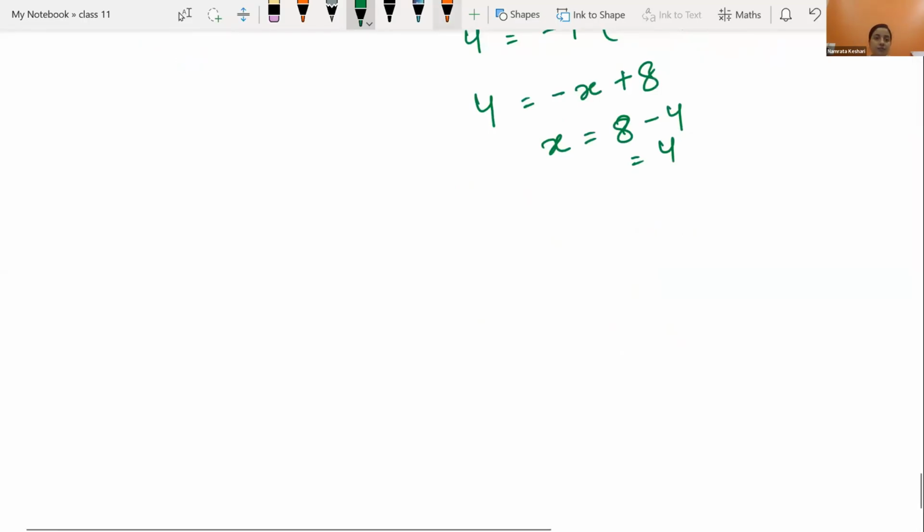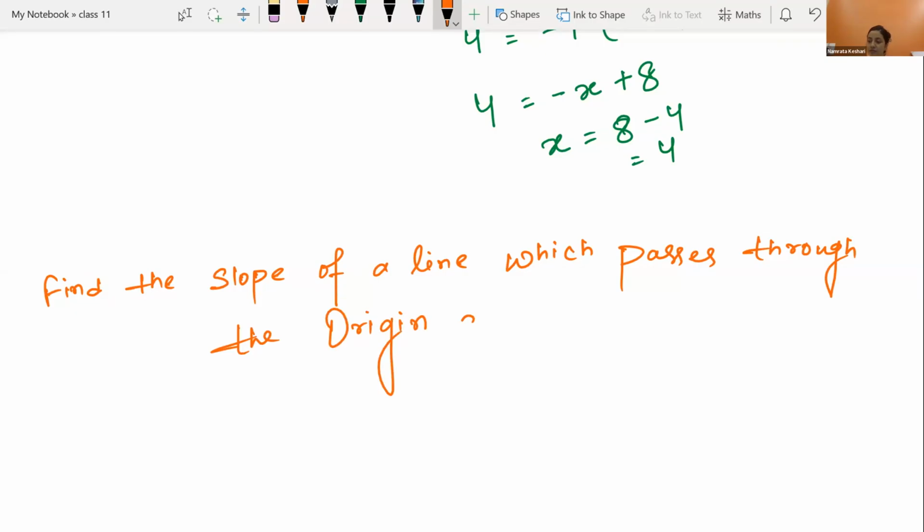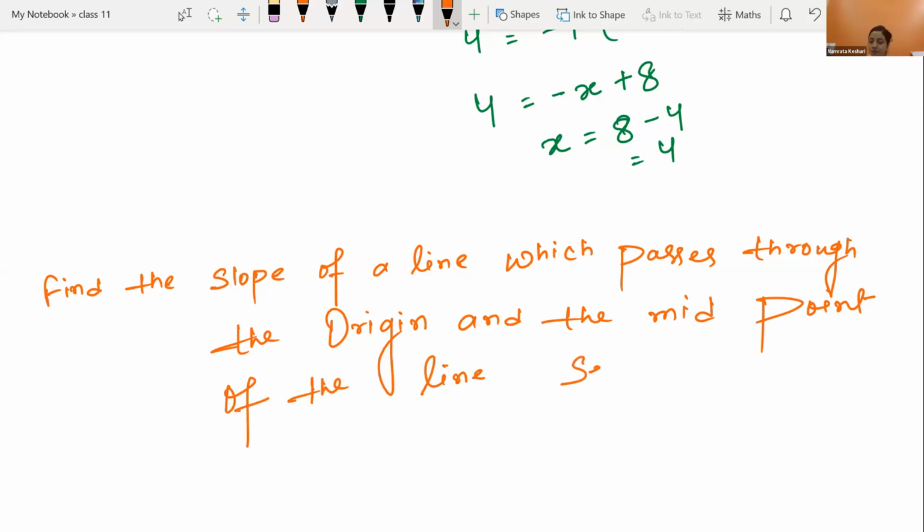It says: find the slope of a line which passes through the origin and the midpoint of the line segment joining the points.